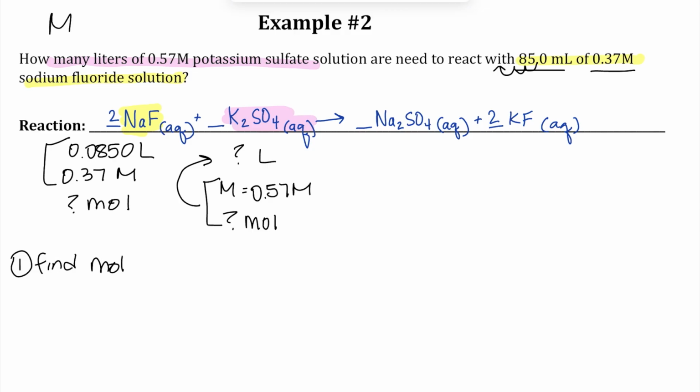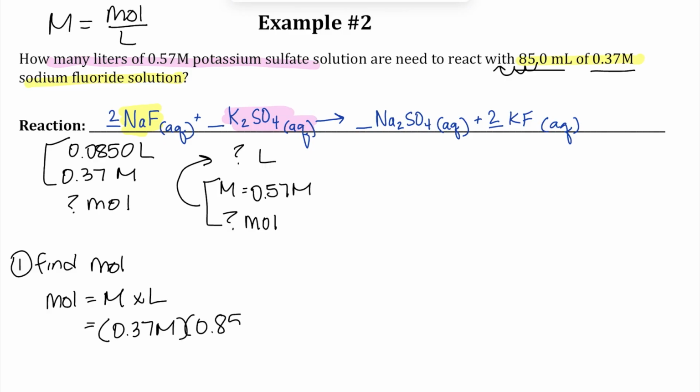And because molarity is moles per liter, moles is molarity times liters. So we can multiply 0.37 molar times 0.0850 liters. And I get 0.03145 moles of sodium fluoride.